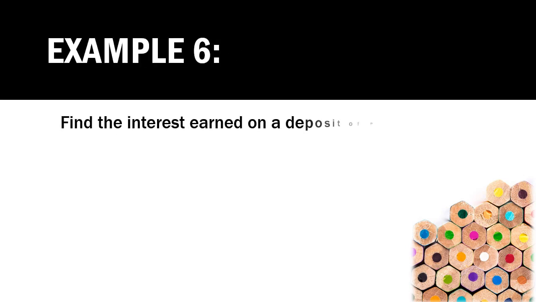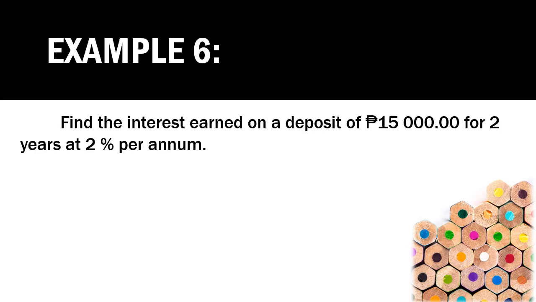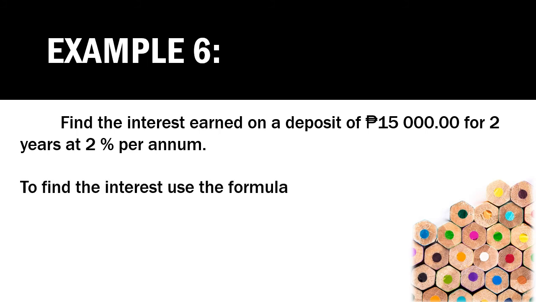Find the interest earned on a deposit of 15,000 for 2 years at 2% per annum. Annum means year. To find the interest, use the formula I equals P times R times T.